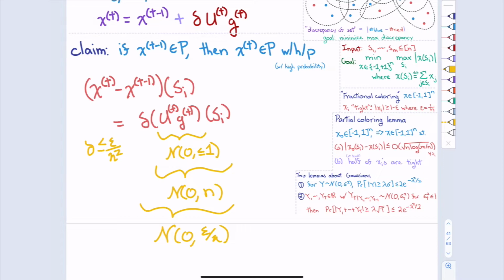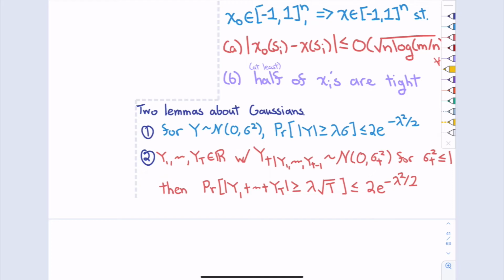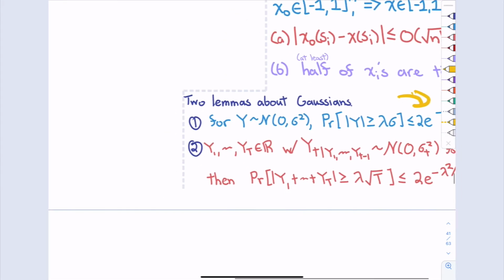So the odds of something with variance epsilon over n being bigger than epsilon, now we can apply this kind of thing here. The odds of being that many times bigger than your standard deviation is going to be e to the negative whatever. So the odds of jumping epsilon when the variance is epsilon over n is going to be like e to the negative n squared or something very, very small. Okay? So that's the second part of the answer.